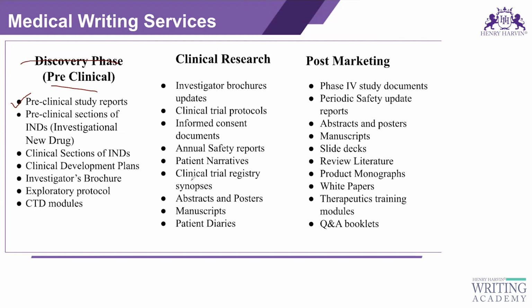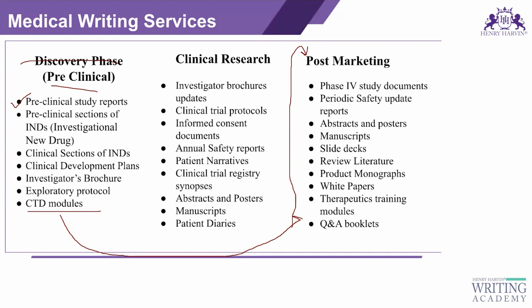The next is the CTD module. The CTD module is not made after the preclinical trial. It is wrongly placed here. The CTD module is made when the clinical trial process is complete, when the marketing authorization holder wants to take permission from the regulatory authority to market the drug. At that point the CTD modules are made, and CTD stands for common technical document.